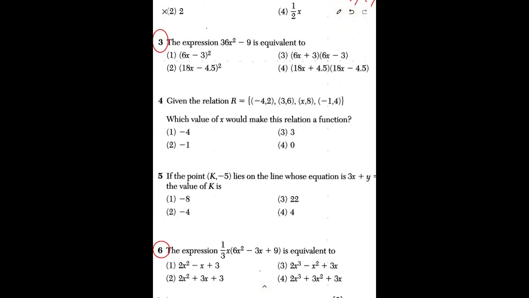It says the expression 36x squared minus 9 is equivalent to, and we got 4 choices. Now, by now, you guys should understand that whenever you are dealing with multiple choice and you see the words equivalent to, and you're given an expression and a bunch of other expressions, all you have to do is store any number into the variable, in this case x, and then find out what the output would be, and then go find the one that gives you the same output.